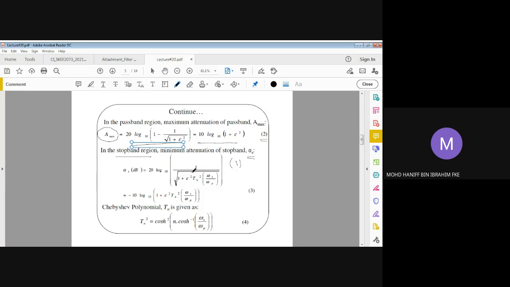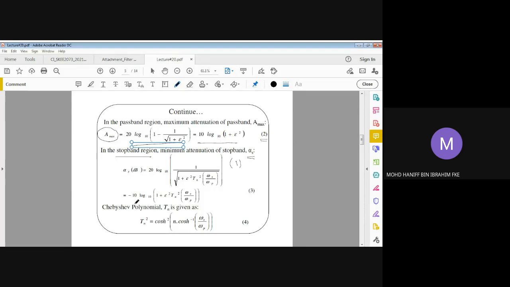So I repeat, this equation is obtained from equation number 1 that we have seen earlier. By substituting omega s, the stop band gain alpha s shall equal this equation.